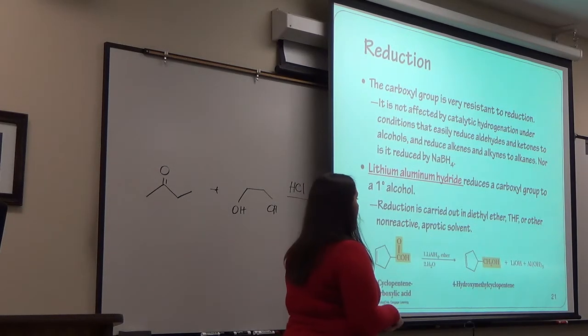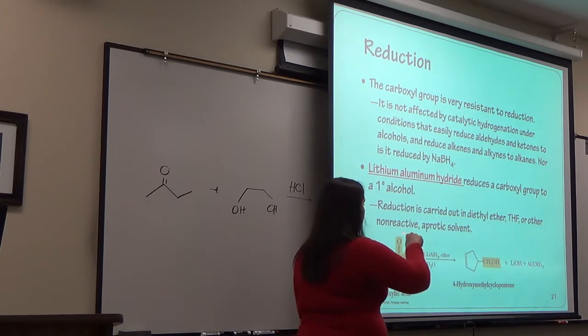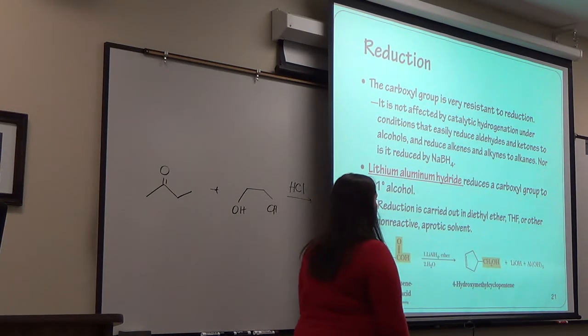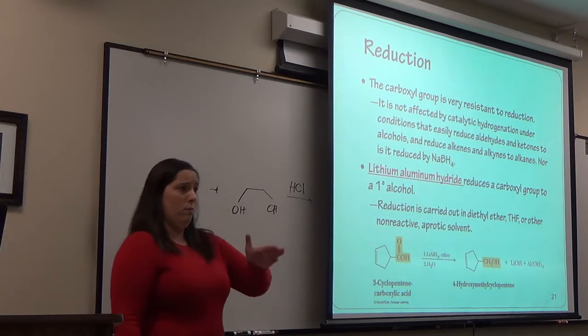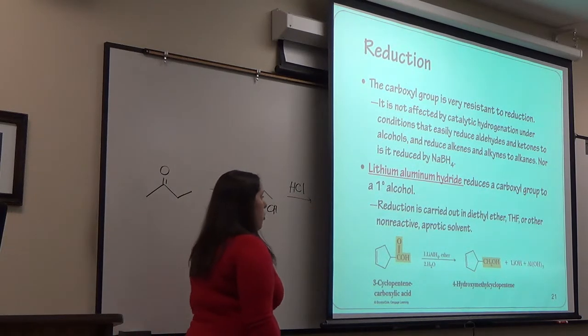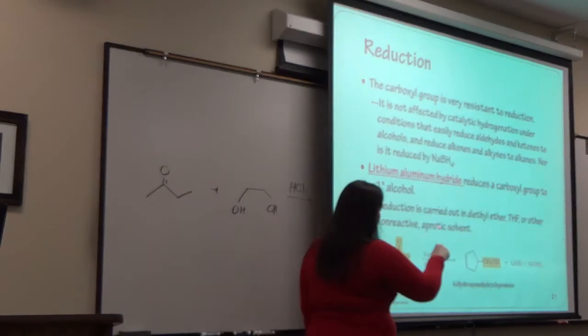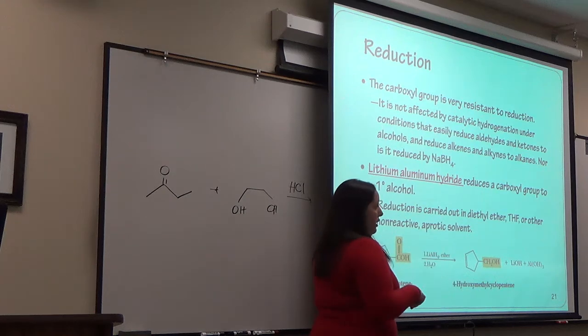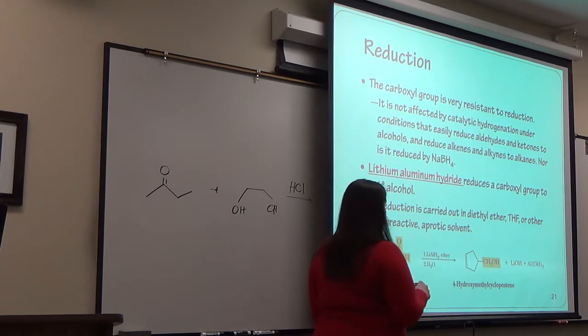What happens is the carboxyl group becomes an alcohol, a primary alcohol to be precise, since the carboxyl is at a terminal carbon. You see that it's lithium aluminum hydride in ether. Remember that this reacts violently with water, so you do have to do that without water.